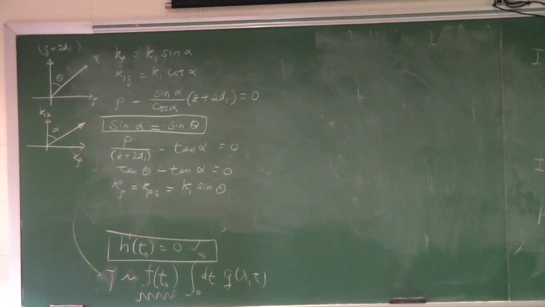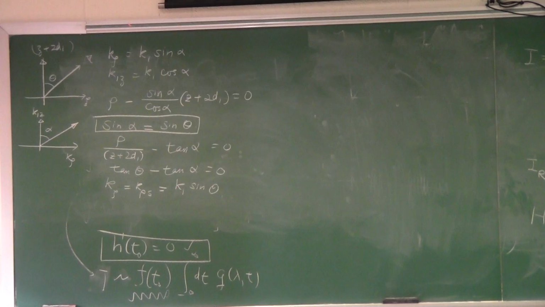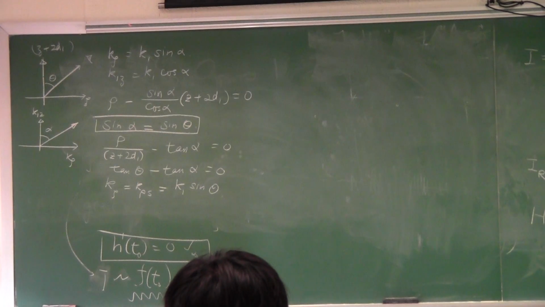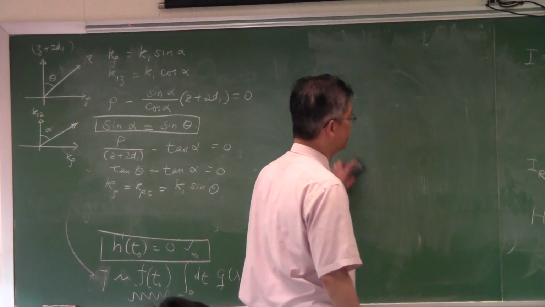I'm saying that if I pull out a k rho squared here, it does not have a phase function associated with it.